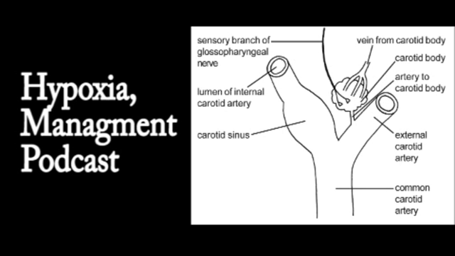Now what happens with a pulse oximetry probe is there's two different lights. There's two lights shone from one side of the probe through to the other side of the probe. And one light is absorbed by oxyhemoglobin, and the other light is absorbed by deoxyhemoglobin.